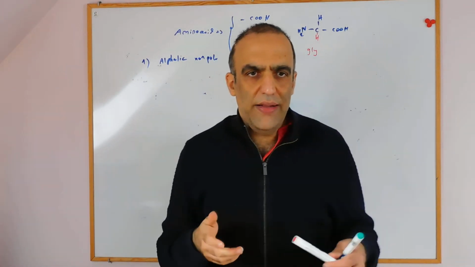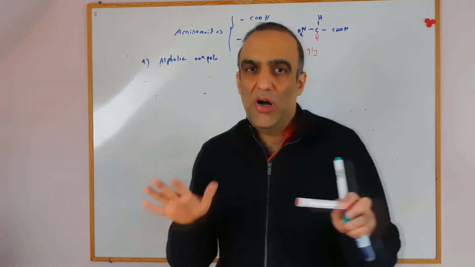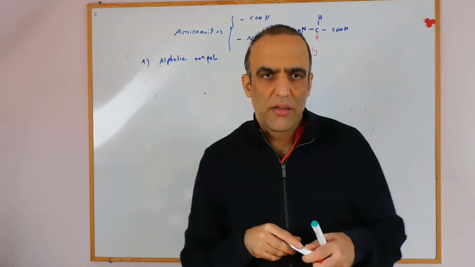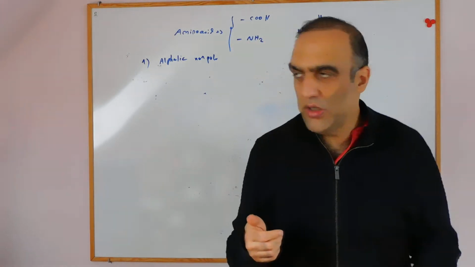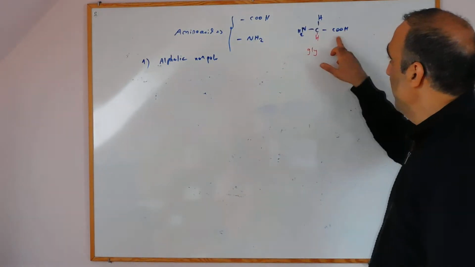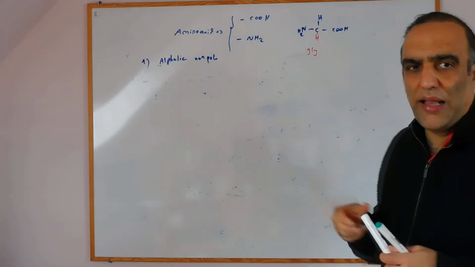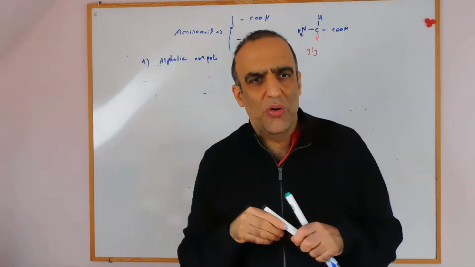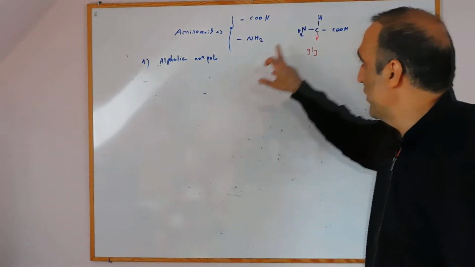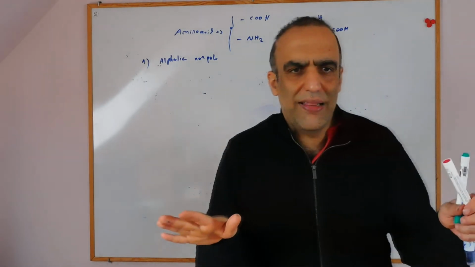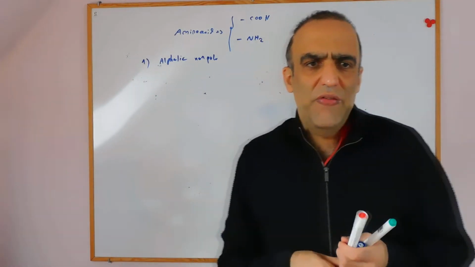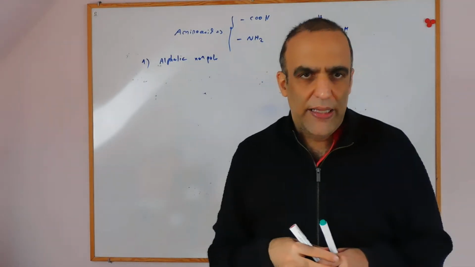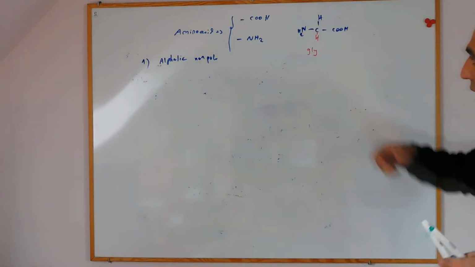The isoelectric point will be around 6, because the pKa of the carboxylic acid is around 2.3 or 2.4, and for the amine it is 9.6 or 9.7, and the average will be around 6. This is glycine.